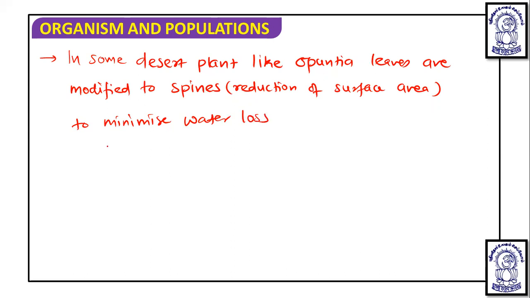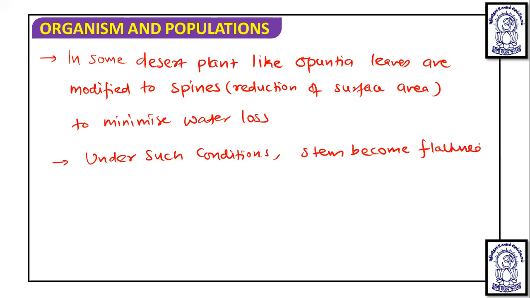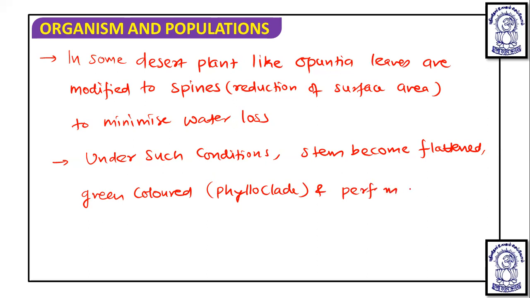Under such conditions the stem becomes flattened, green colored, that is phylloclade, and performs photosynthesis. In such a way we can say adaptation is seen in desert plants.